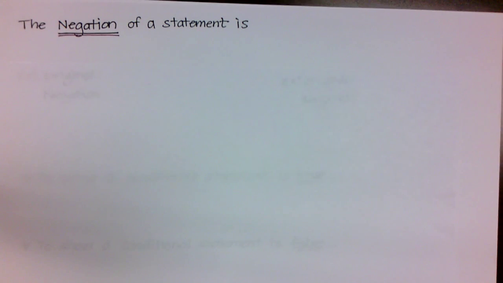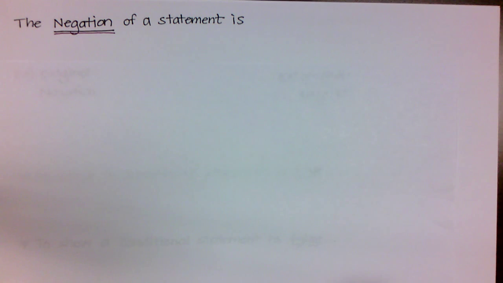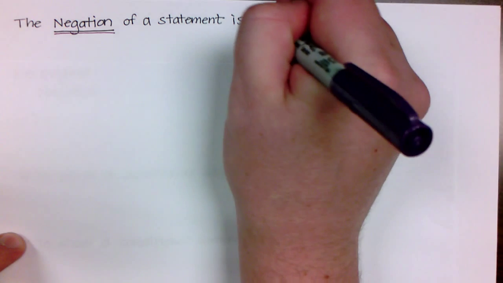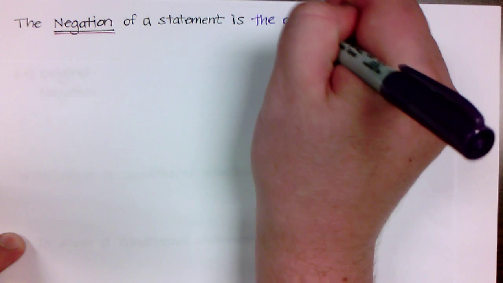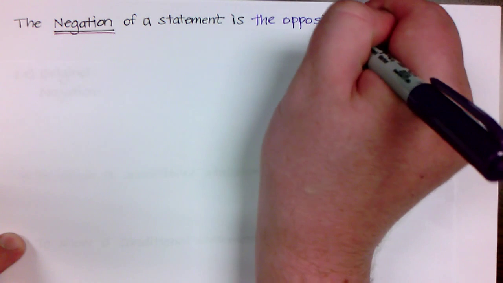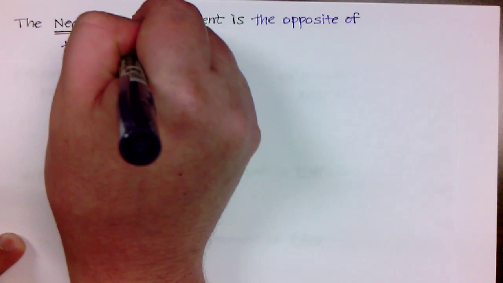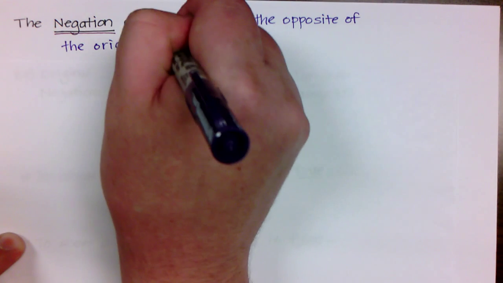Now there's something that's called the negation of a statement. Let me show that to you right there. There we go. And the negation of a statement is the opposite of the original statement. So the opposite of the original statement.